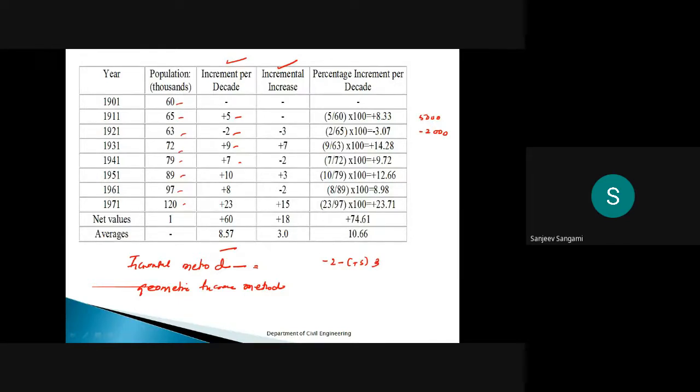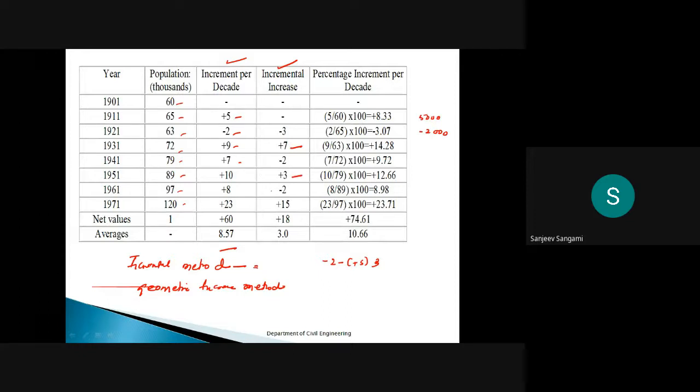How much is it increasing? From here to here, 9, how much is it decreasing, incremental per decade. So here it is plus 7. Then here it is minus 2. Then 7 to 10, how much is it increasing?